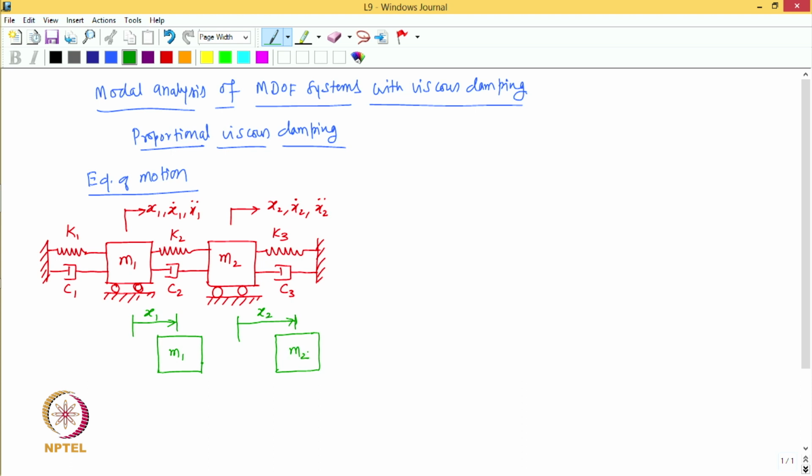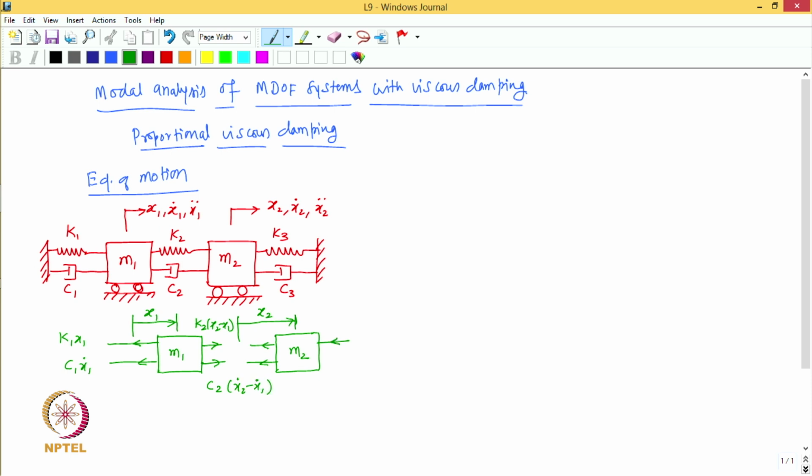Now the forces which appear are k1 x1, opposite to x1, then the damping force c1 x1 dot, then the force due to spring k2, which is k2 times x2 minus x1, and then the damping force acting between the two masses, c2 times x2 dot minus x1 dot.